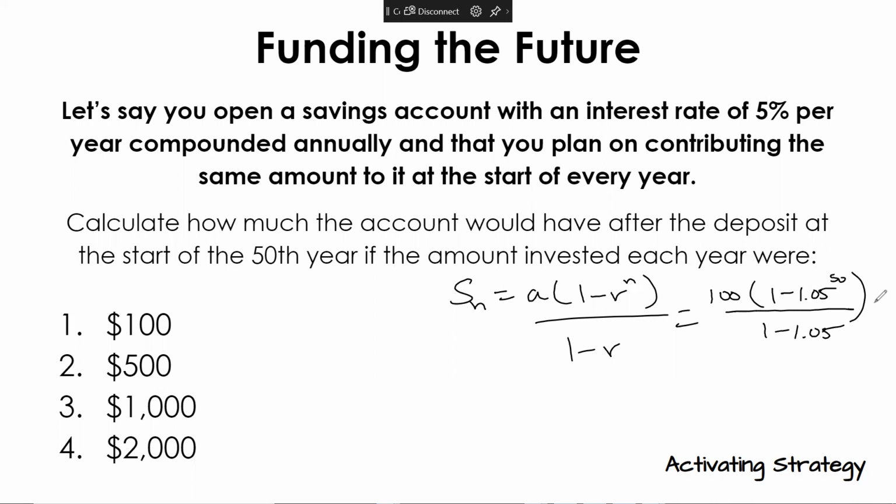Now that we've plugged that in, we're going to go to Desmos and type all that in. So we're going to have 100 times 1 minus 1.05, and we're going to raise that to the 50th.